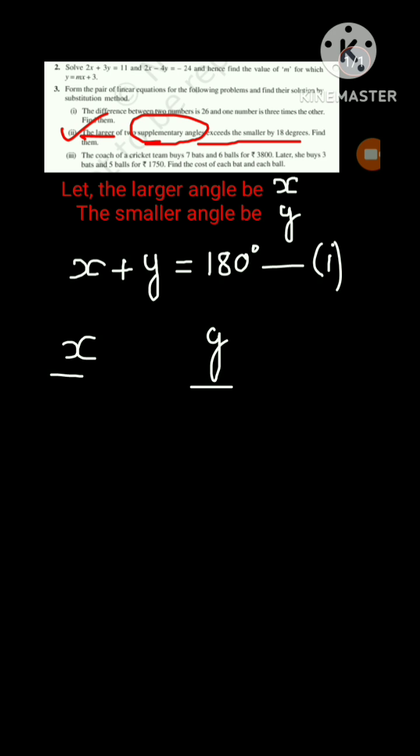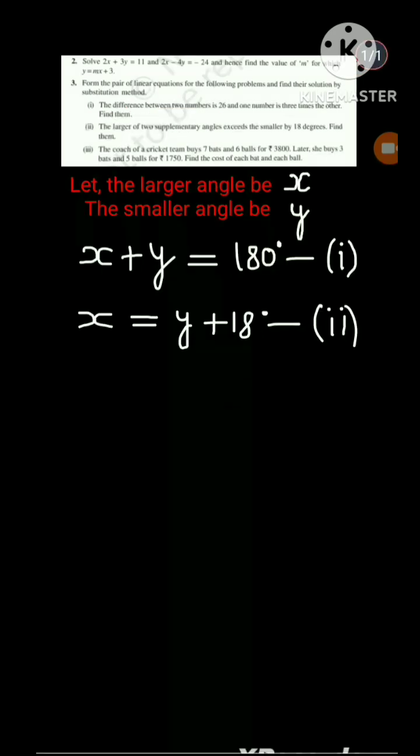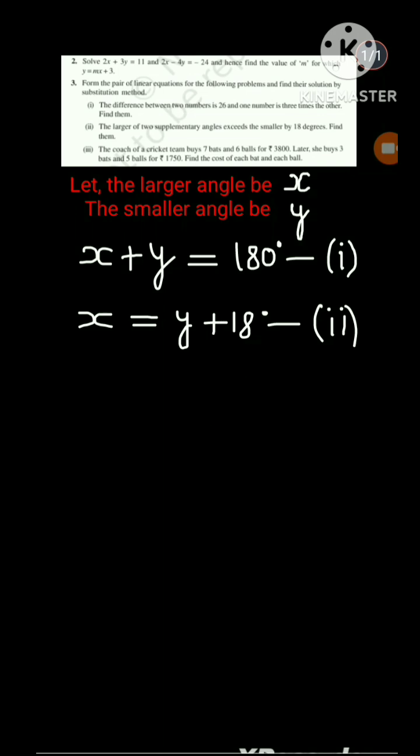So to make these two equal we have to add 18 degree with y. This is our second equation. Now we have to find the value of x and y by substitution method, right?